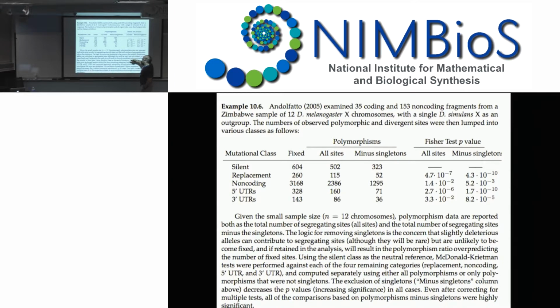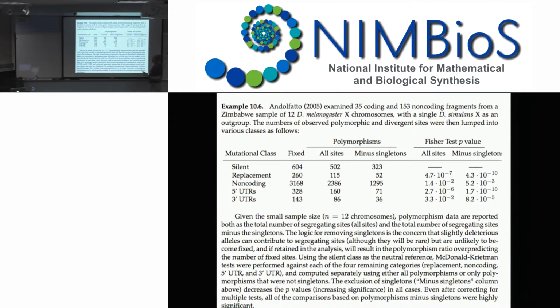If you go to coding regions, lump them together, you saw 115 polymorphisms and 260 fixations. So that's the standard McDonald-Kreitman, silent and replacement. The difference is instead of a single gene, I'm lumping over genes. And as we'll see, this is okay, but there can be some problems.